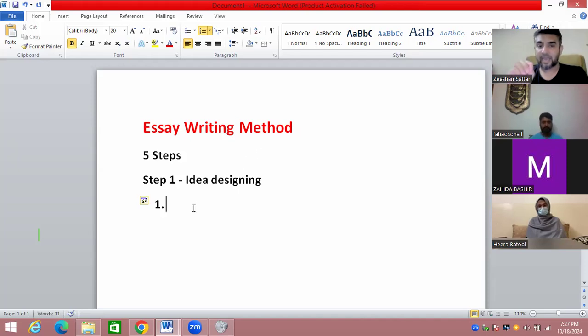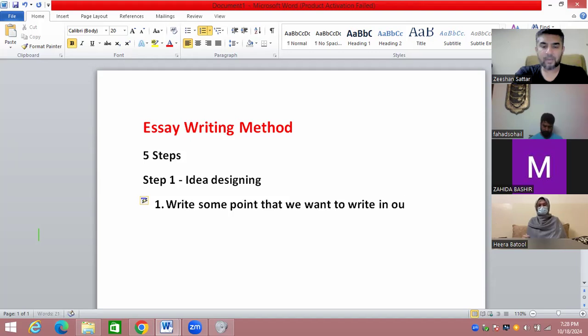In idea designing, number 1, we write some points that we want to write in our essay, along with their impacts, for cohesion.